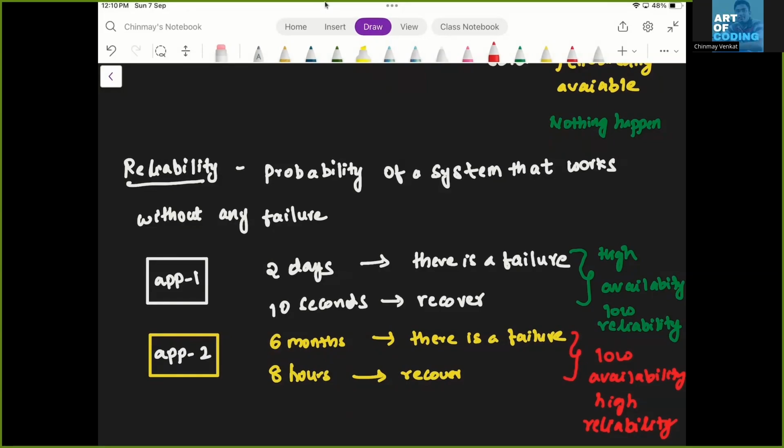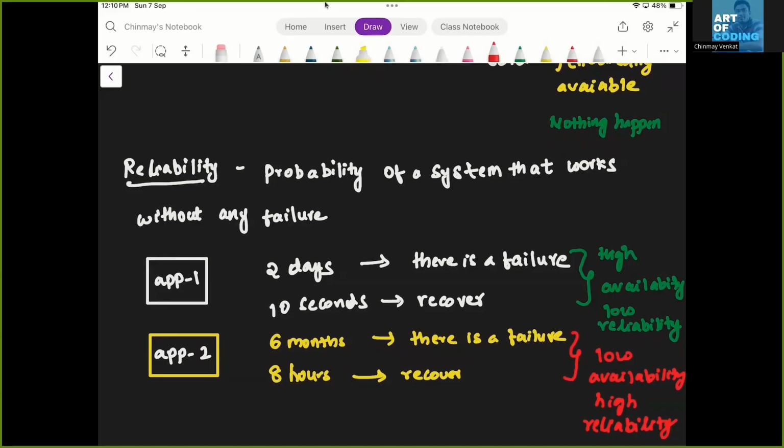The system should continuously work without any failure for an extended period; that represents availability. Here the system does not recover for 8 hours, so it is considered a low availability system.